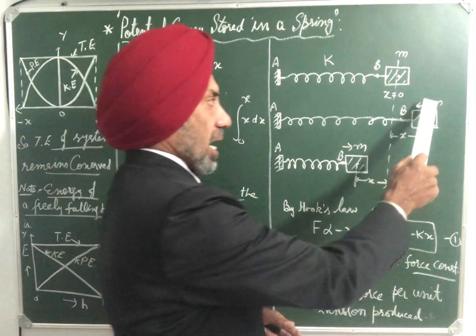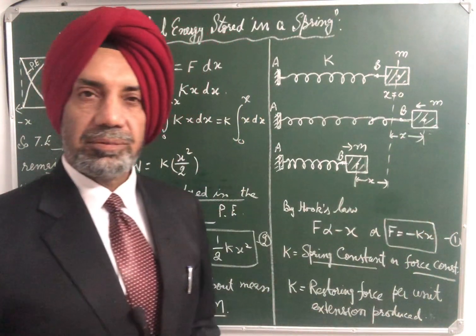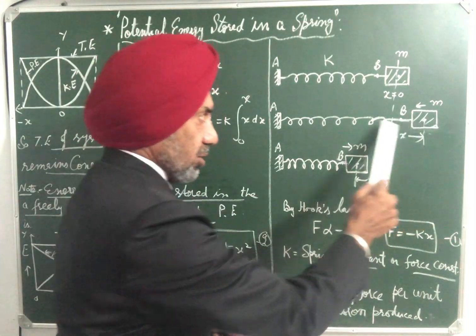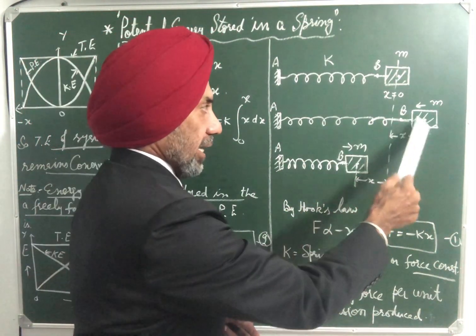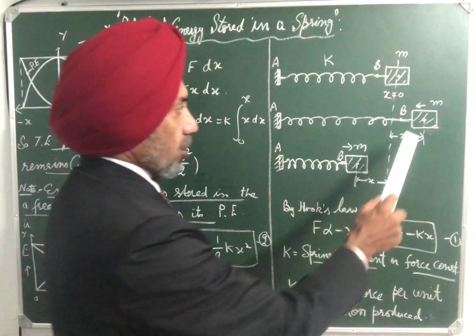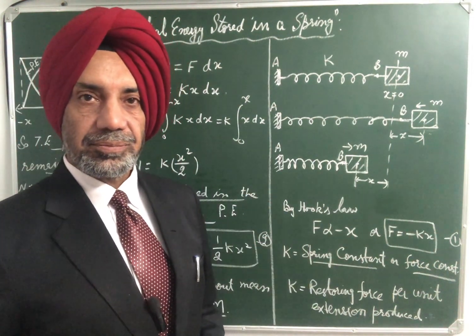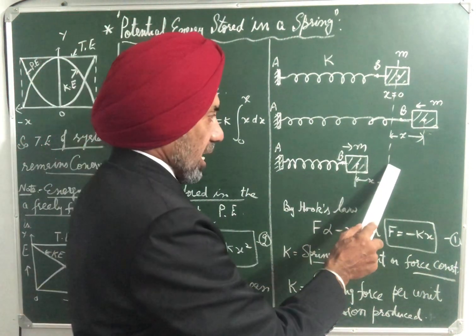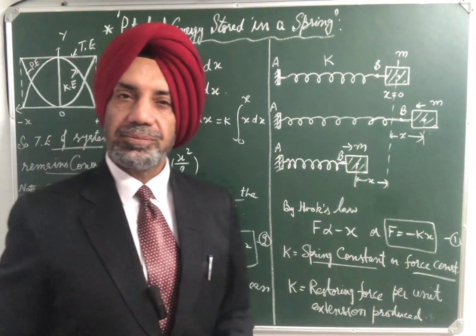When this mass M is released from this extreme position, it turns back to the mean position. And while doing so, it attains speed, it attains kinetic energy, and it overshoots the mean position towards left. Now, as soon as it overshoots the mean position, the spring gets compressed.